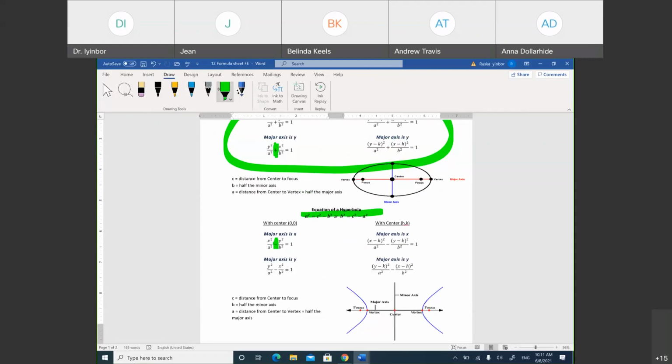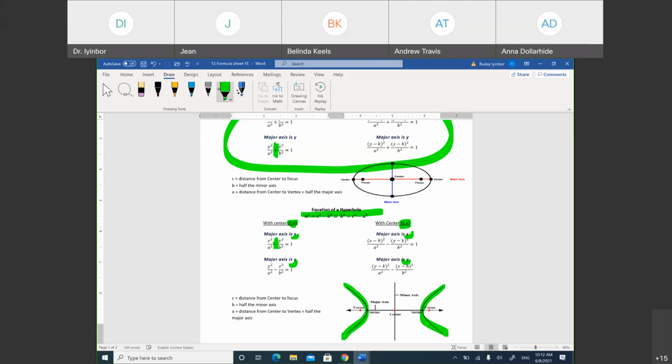From a closed circle, the graph becomes open like this. This is the graph of hyperbola. And hyperbola has the same things. You have center 0, 0. Center h, k means something else. And again, major axis is X or major axis is Y, depending on which coordinate is changing.